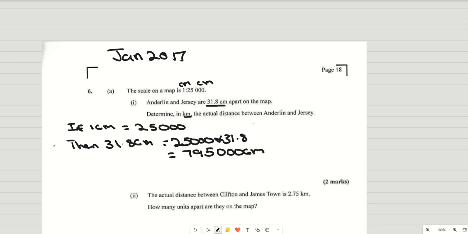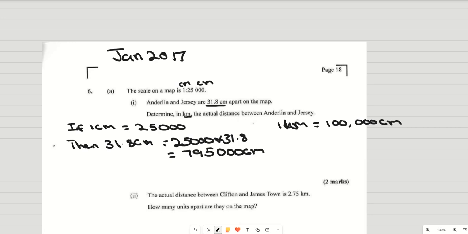However, in kilometers, we know that 1 kilometer is equal to 100,000 centimeters.